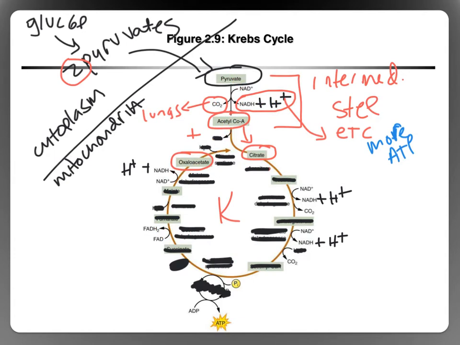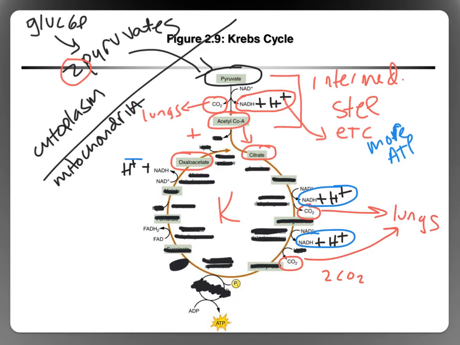So we see that we produce CO2. That's going to go off to the lungs. We produce another CO2, which will also go off to the lungs. So we produce 2 CO2s. We end up with NADH, 1, 2, 3 of those. So we have 3 NADH plus H+.